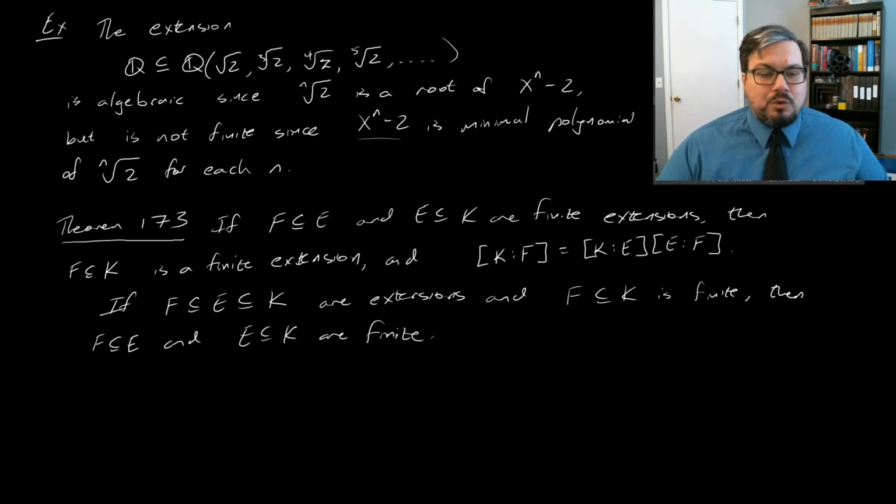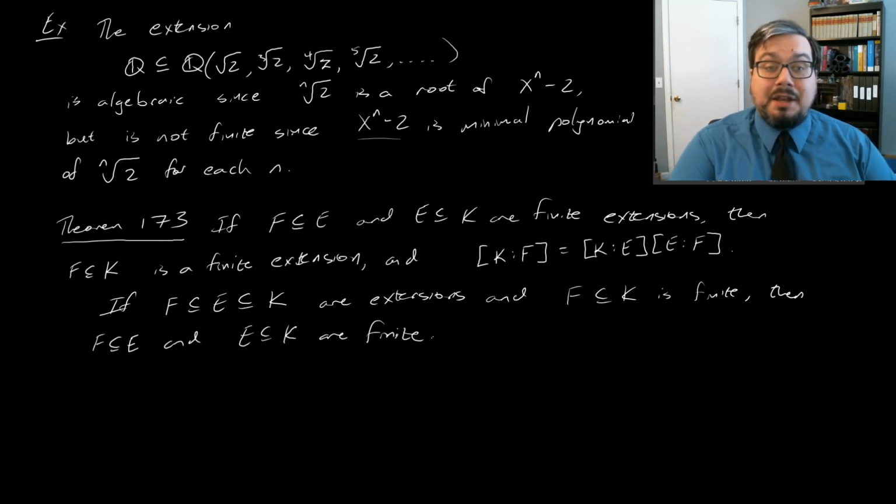Now, the most rigorous way of proving this you'll find in the notes, and the best way of proving this is to assume that you have a basis for E over F, which is not necessarily finite, and a basis for K over E, which is not necessarily finite, and use that to prove that you can construct a basis for K as an F vector space, where the cardinality of that basis is equal to the cardinality of the Cartesian product of the bases of E over F and K over E. So I'm not going to go through that whole thing here.